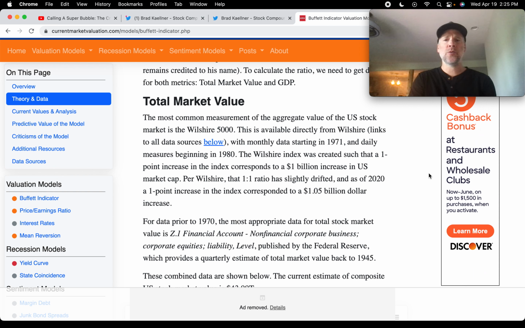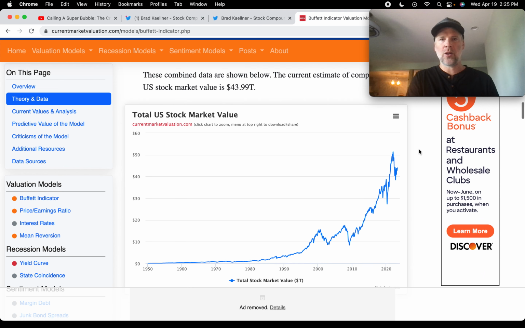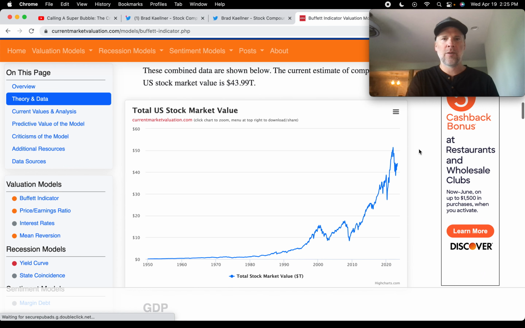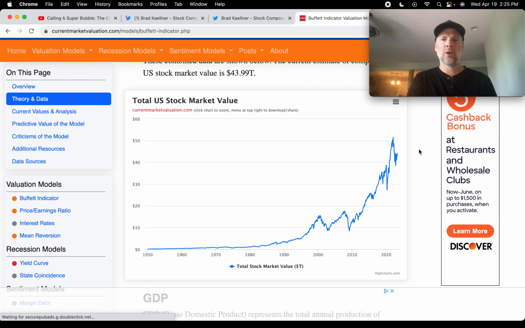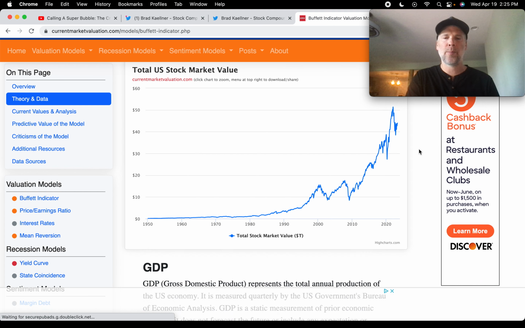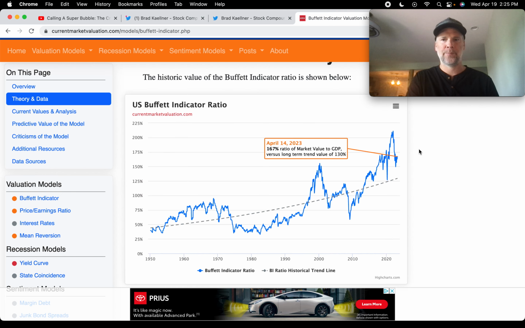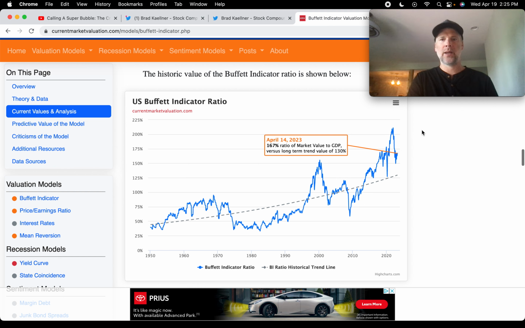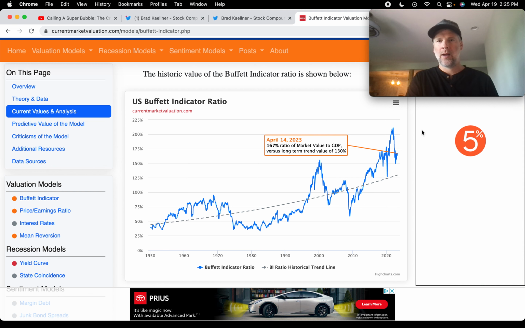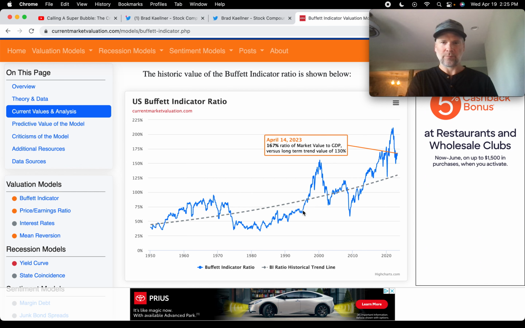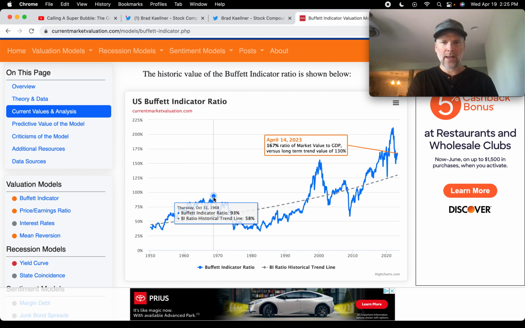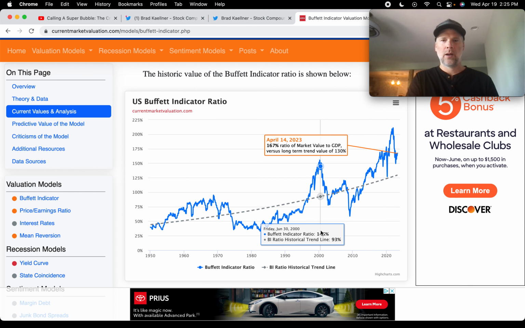So the most common measurement of this aggregate value of the U.S. stock market is the Wilshire 5000. So let's take a look. This is the Wilshire 5000 total U.S. stock market value. It doesn't tell us much by itself, but if we compare it to GDP, this is the Buffett indicator. If you look, you can kind of see the end of '68, '69, kind of a peak here.